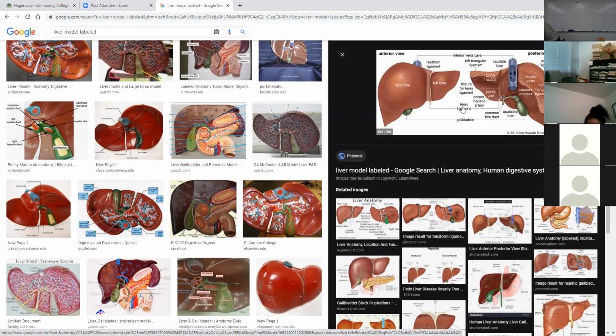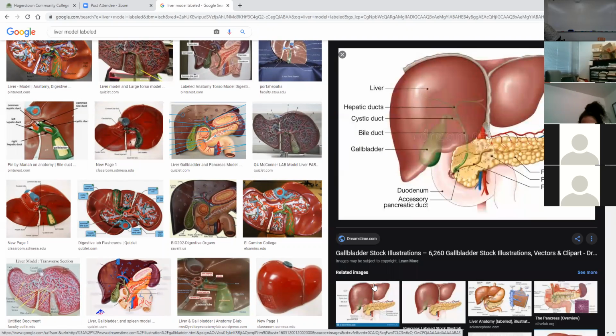We call this the falciform ligament. So be careful about that. And I think that's good for the liver. There's another arrangement of the pancreas liver rearrangement.